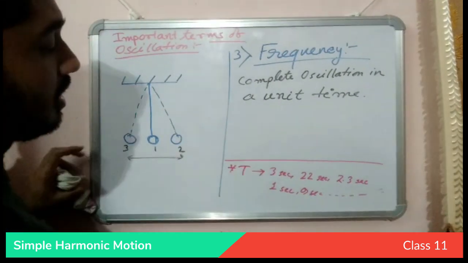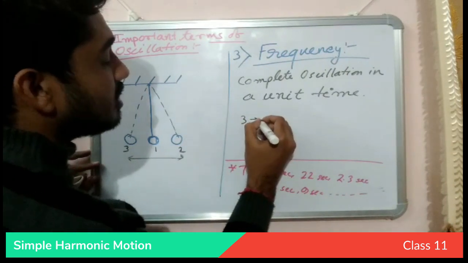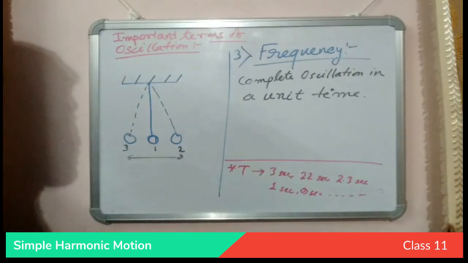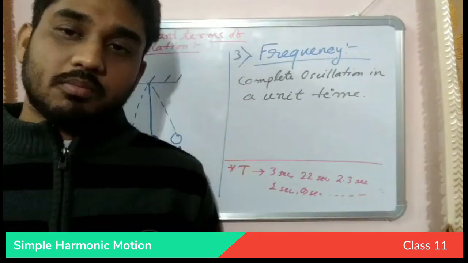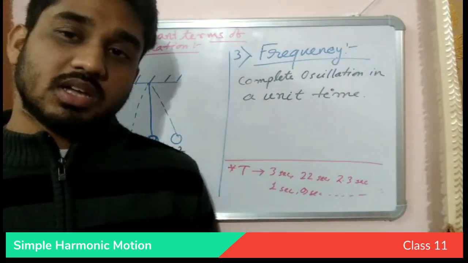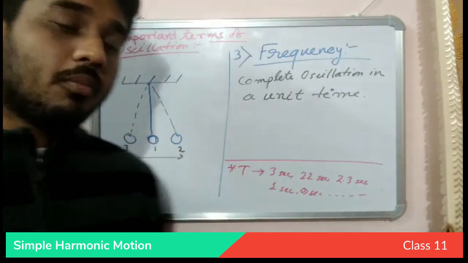Suppose the pendulum is taking 3 seconds to take a complete oscillation, or in an experiment, suppose you have recorded that the pendulum is taking 20 seconds to complete 10 complete oscillations.